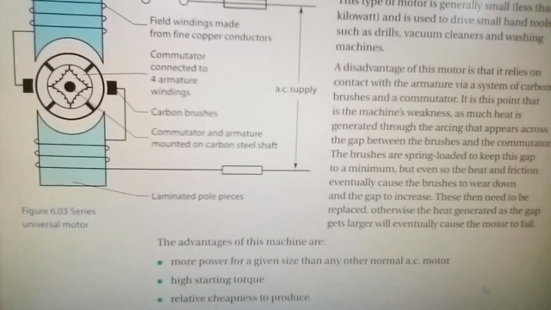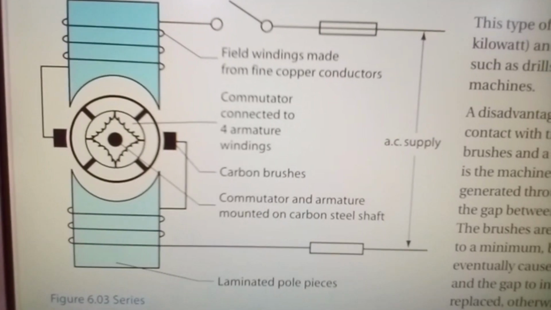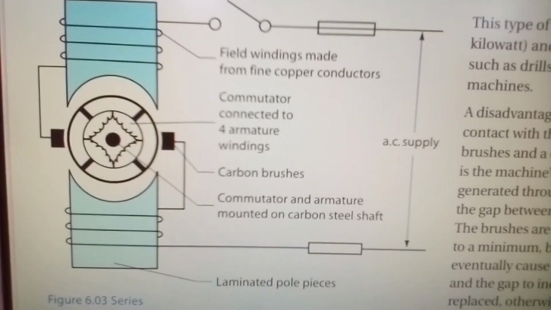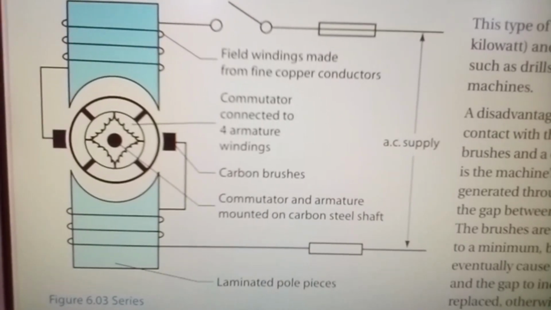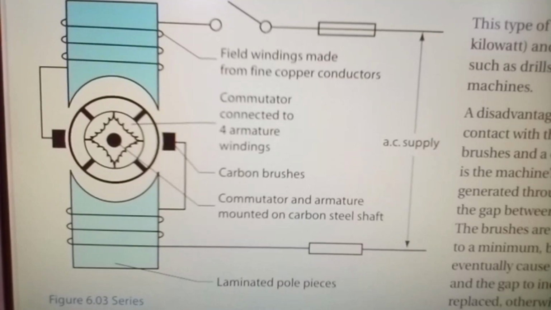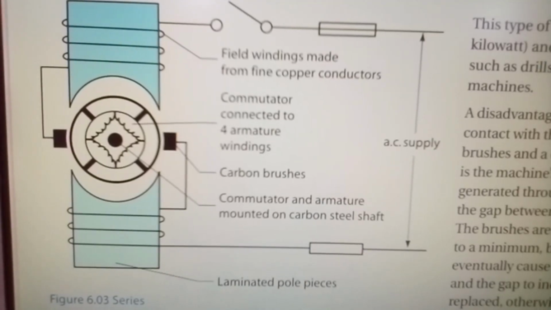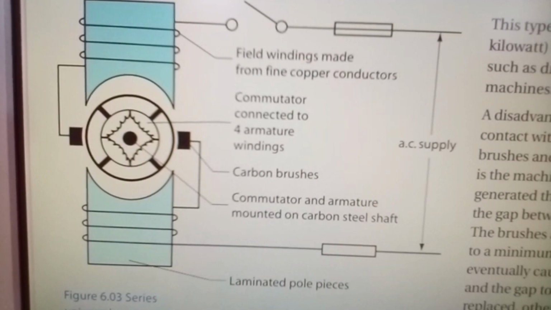And here you can see your field windings made from copper conductors, your commutator connected to the armature windings, carbon brushes, and you have your laminated pole pieces. Now the lamination helps to reduce what we call eddy currents.